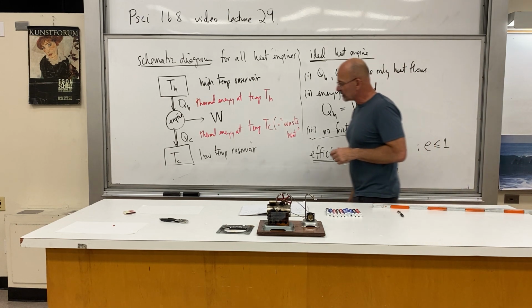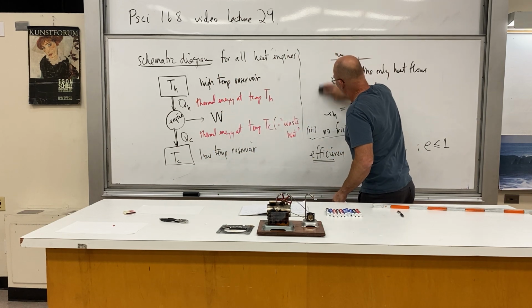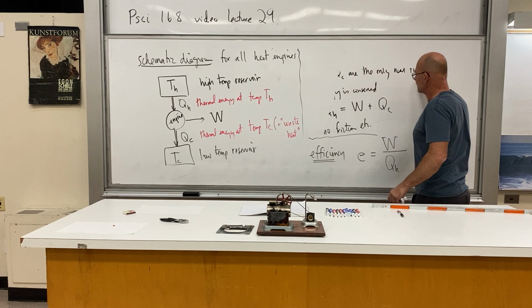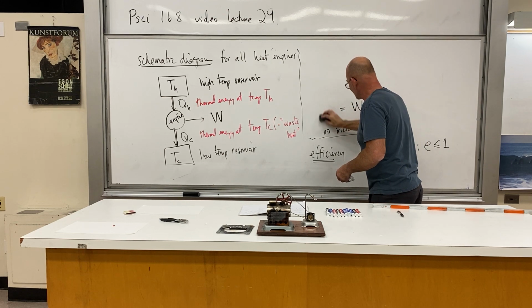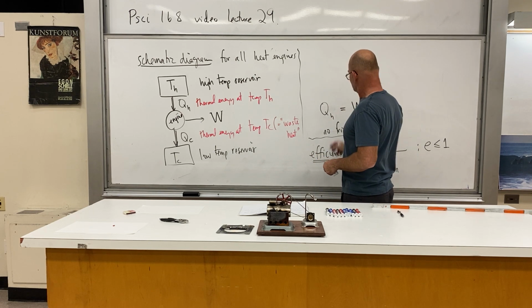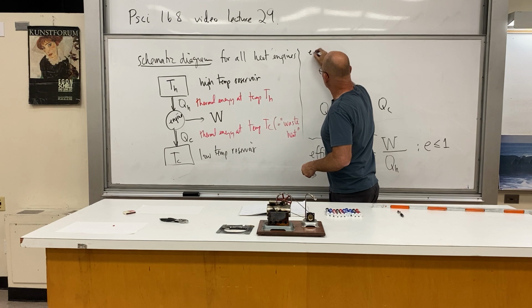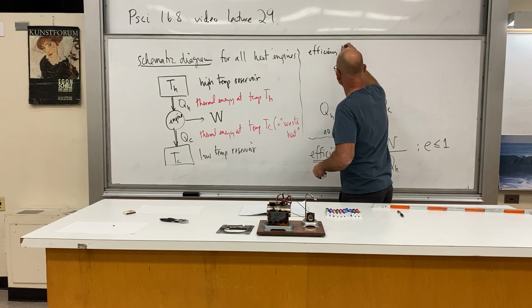I need some room here, I'm going to erase. We need the efficiency of the ideal engine. I'm going to keep this equation here in front of us right now. So the efficiency of the ideal engine.